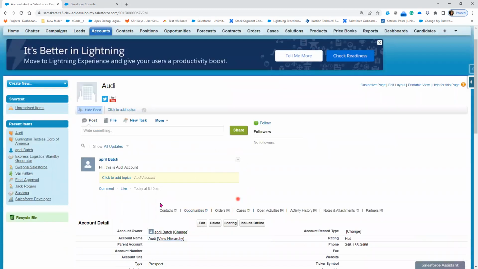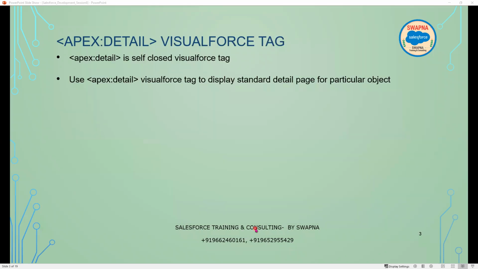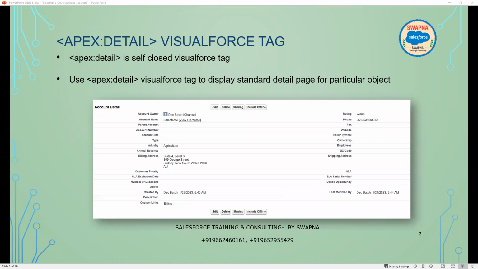Whatever chatter information is there on top of the account can be viewed using the attribute called showChatter. It is a Boolean data type. If you want to display chatter, then you have to specify it as true. Otherwise, it is false. Take notes of it. Then we will move on to the implementation.